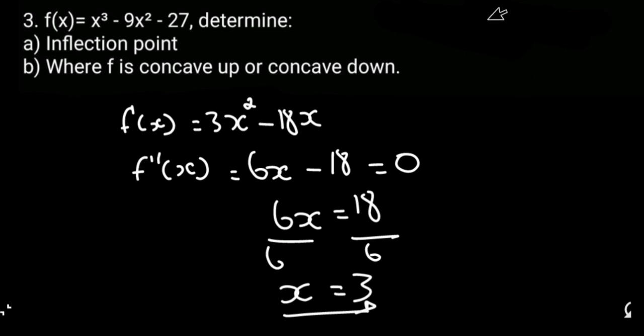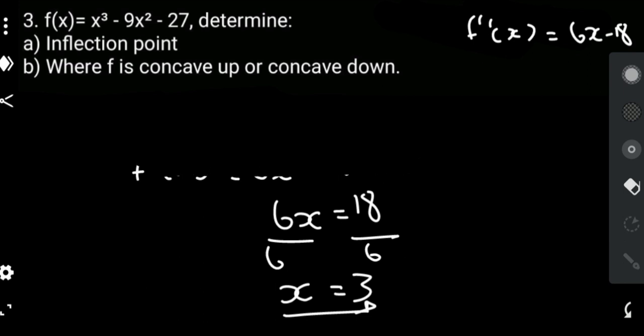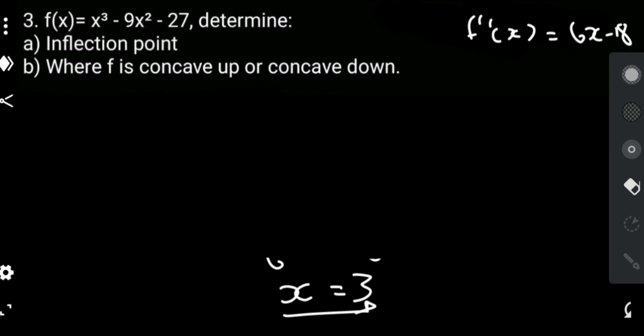So the x value for the inflection point is simply 3. Let me write my second derivative here. It's 6x minus 18. Now let me erase everything here. Okay, we need to substitute 3 into the original function.